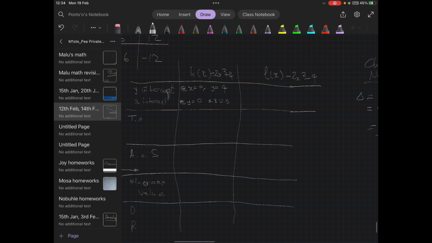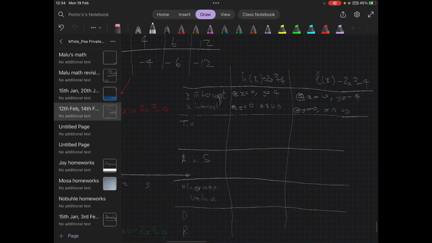No intercept. So we'll just say x-intercept is undefined. So say at y equals 0, x is not defined, but at x equals 0, y is negative 4 for L of x. Great.